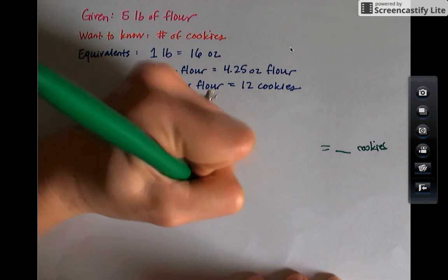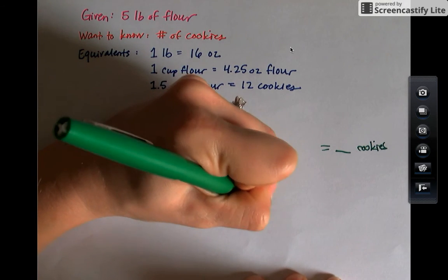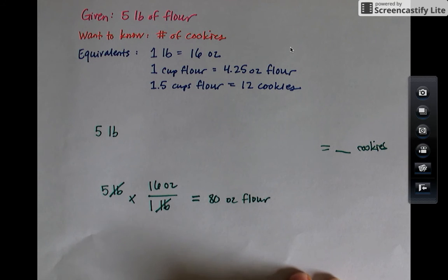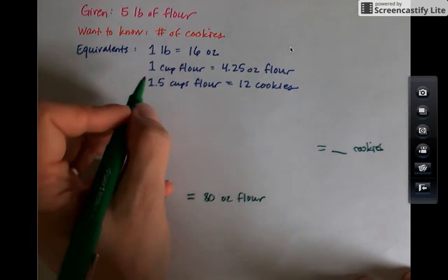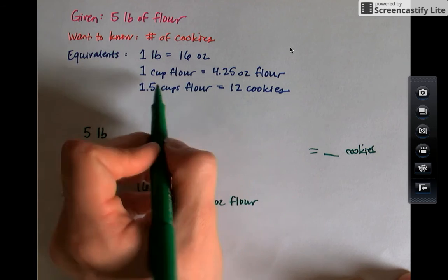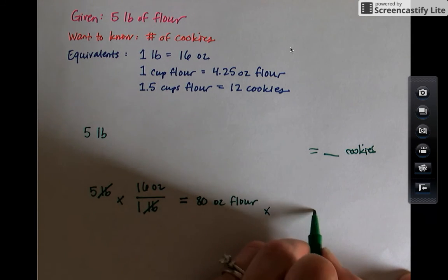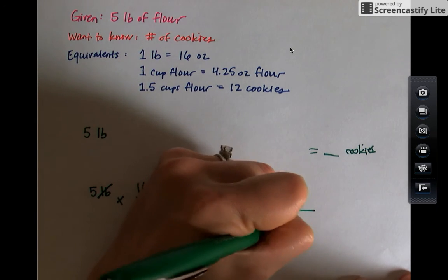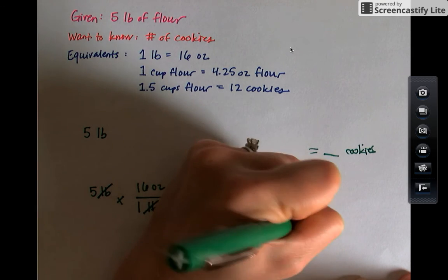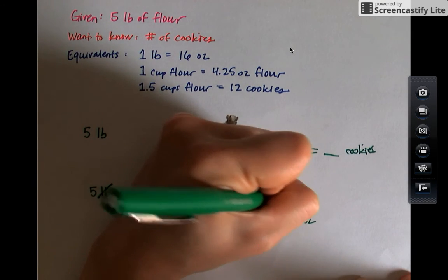Okay, so this could be a good place to start, is just by figuring out that you have 80 ounces of flour. You could then convert that from ounces to cups by taking this equivalent relationship. 4.25 ounces is 1 cup of flour.